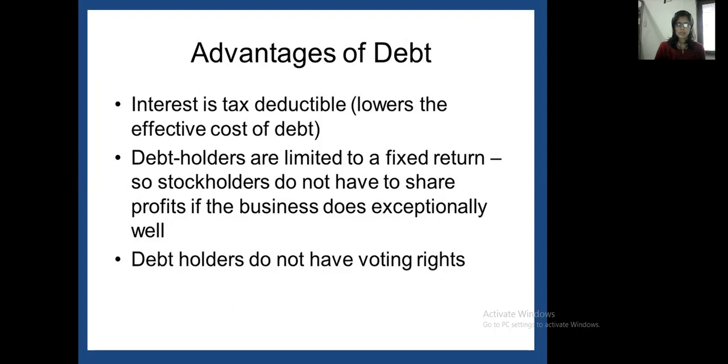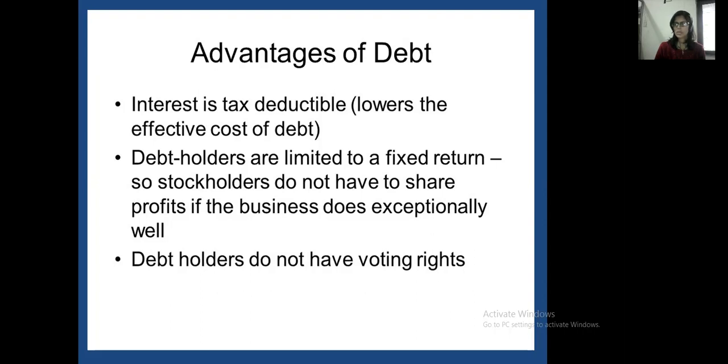लेकिन अगर वो debt holder नहीं होते, अगर वो equity holder होते, equity shares उनके पास होते, तो they will be the part of the management and they will be the shareholders of the company. In that case, they are going to share the profit. Next is debt holders do not have voting right.